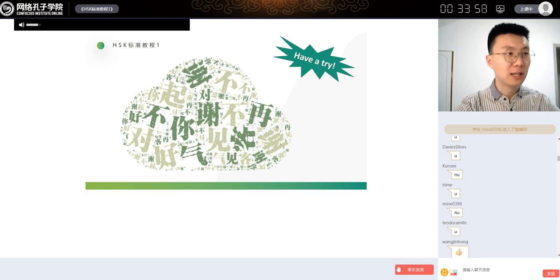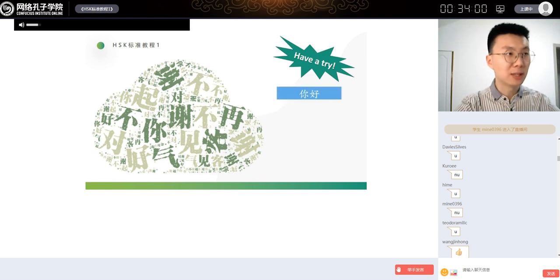For example, we can find this one, 你好, right? Here is 你 and 好, 你好, like this. Find words or characters, words or phrases. Let's try more.